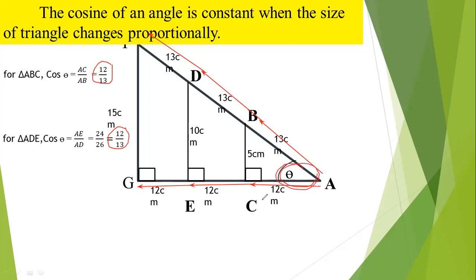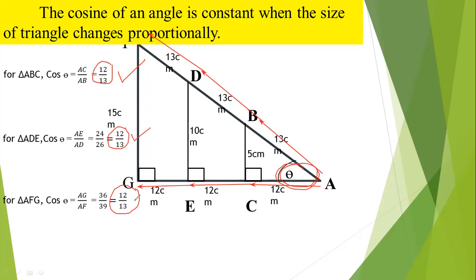Cosine theta equals adjacent, 12 plus 12 plus 12 equals 36, over hypotenuse 13 plus 13 plus 13 is 39. So 36/39 reduced to lowest term is still 12/13.